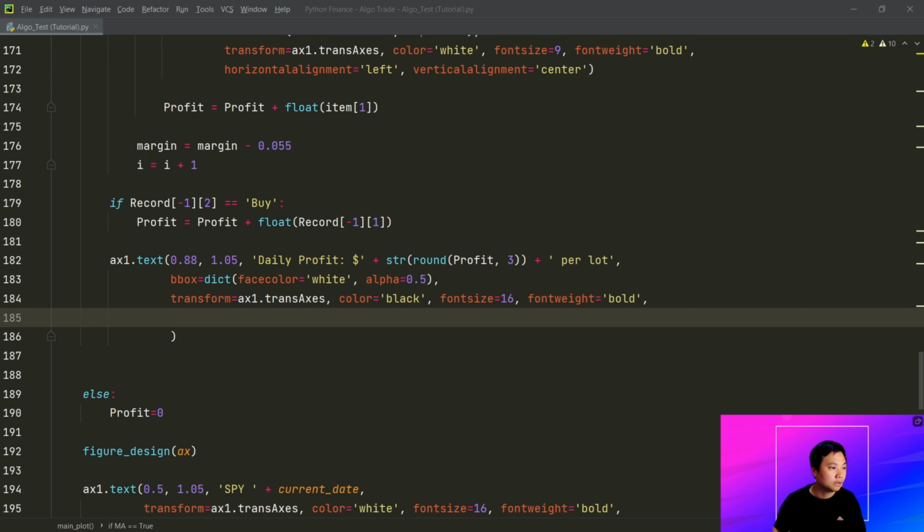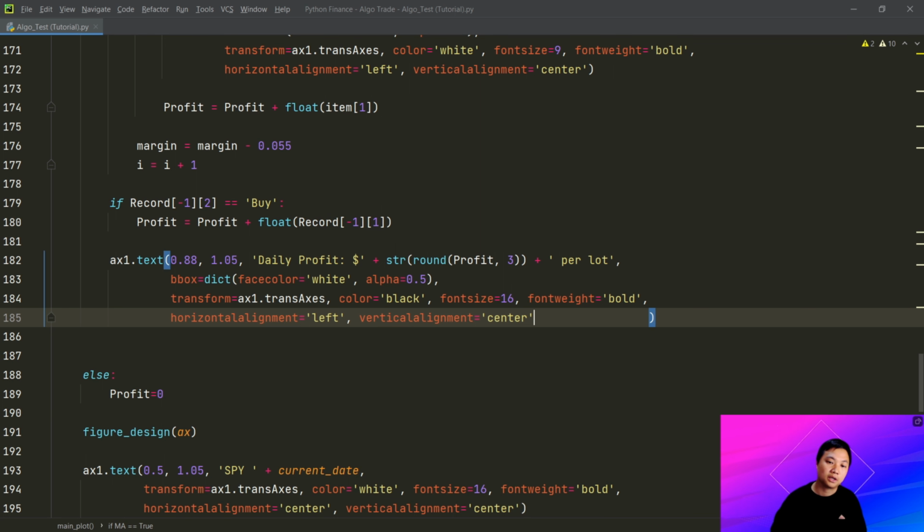And of course, finally, the horizontal alignment is left and the vertical alignment is center. Just want to make sure that it aligns on the very left-hand side of the bounding box and make sure the text is inside, in the middle of the bounding box.